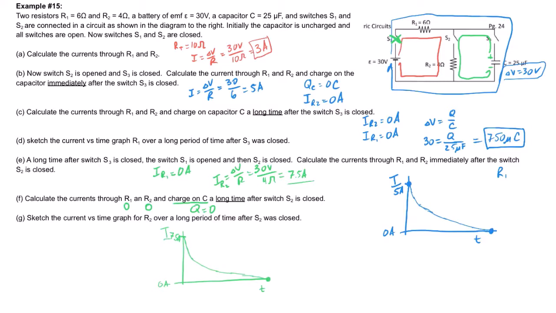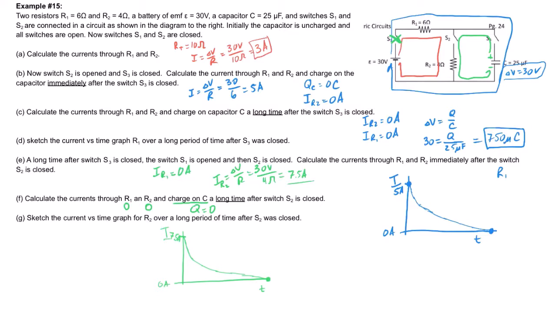We should again get some type of more or less exponential graph. It doesn't have to be perfect. They want to see, number one, that the current is decreasing over time, and number two, that you recognize that it's not going to be linear. It is going to be kind of this exponential style graph. Okay? That's it. We've answered all the questions on number 15.